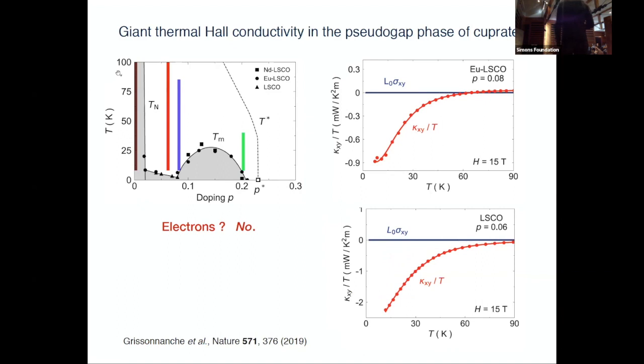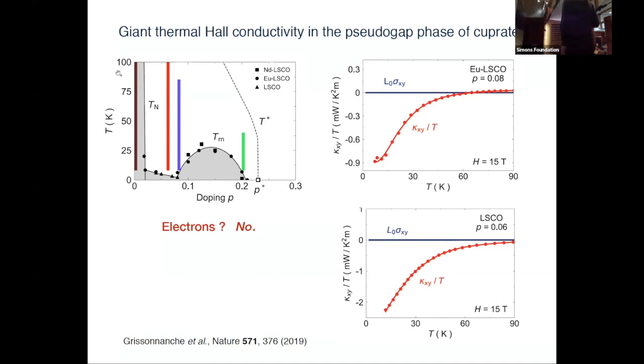So this tells you that it cannot be the electrons that are giving you this negative thermal Hall signal. Also, the bands here are meant to show where we see the negative signal, and you can see that it's always outside of this gray region, which corresponds to where you have static magnetic moment, as detected by NMR or muSR.